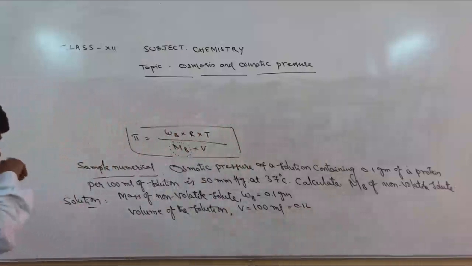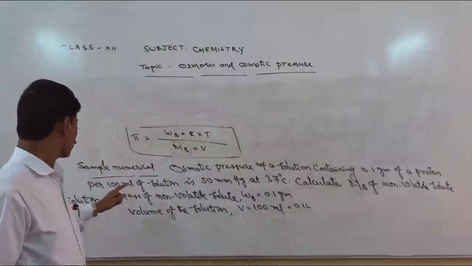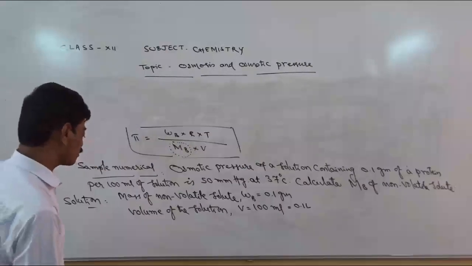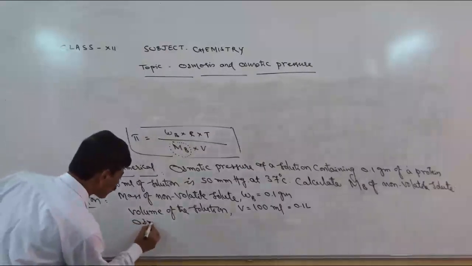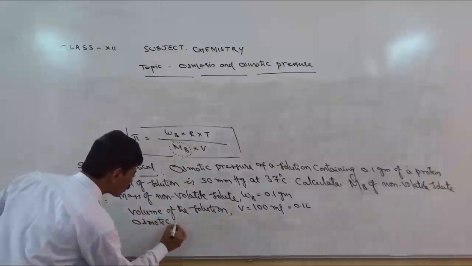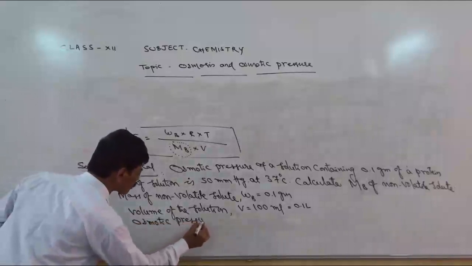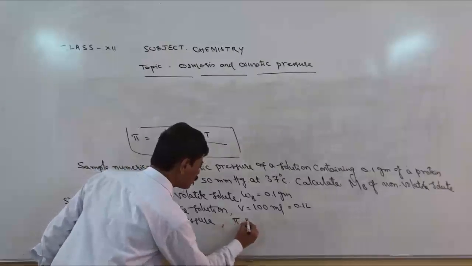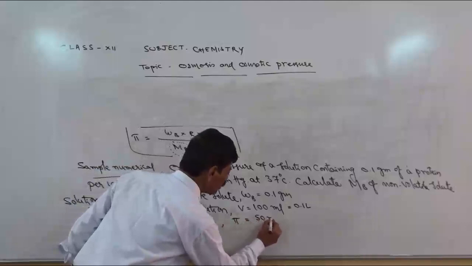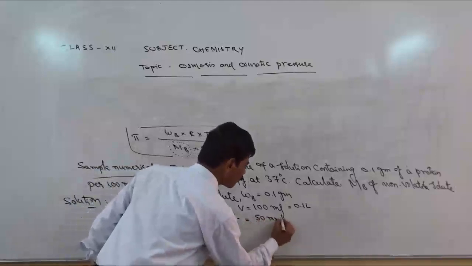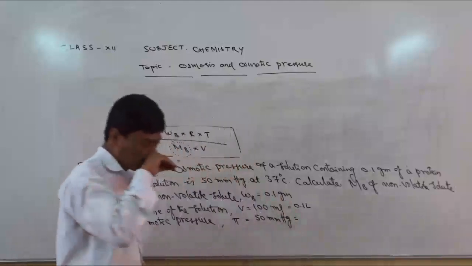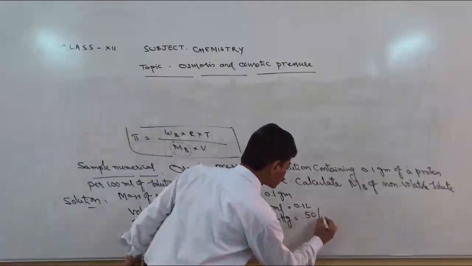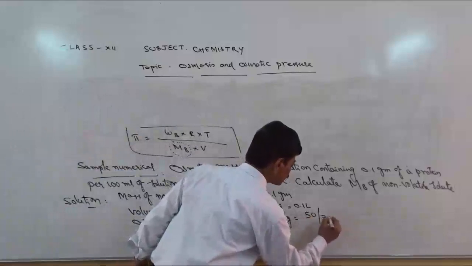Now, pressure, osmotic pressure, that is pi, is equal to 50 millimeters of mercury. When this is converted into atmosphere, it will become 50 divided by 760. Right?